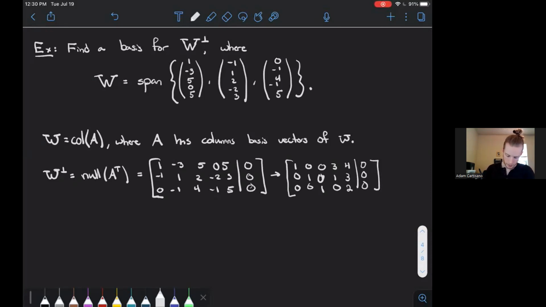And so W perp is the span. And hopefully you guys can read the solution off of this equation.